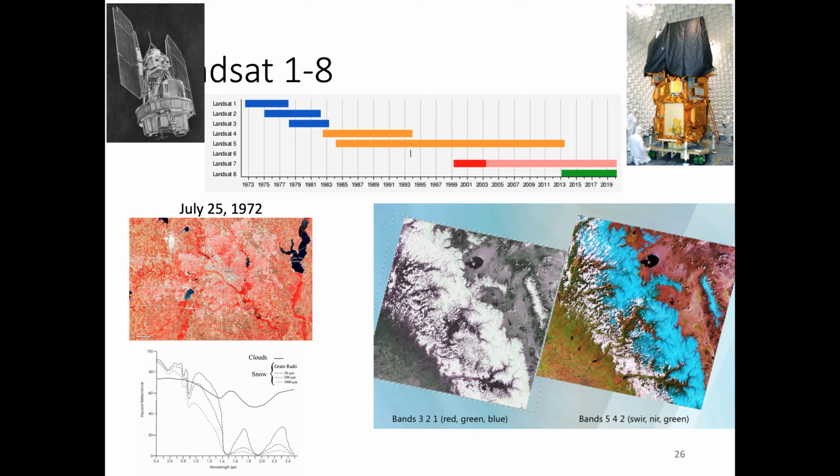While we can easily map snow from Landsat TM and ETM, Landsat 5 and 7, the more recently launched Landsat 8 has a larger dynamic range that doesn't saturate over snow and allows us to measure both the snow grain size and the impact of light absorbing impurities on snow albedo, just as I showed you with MODIS in the last few slides.